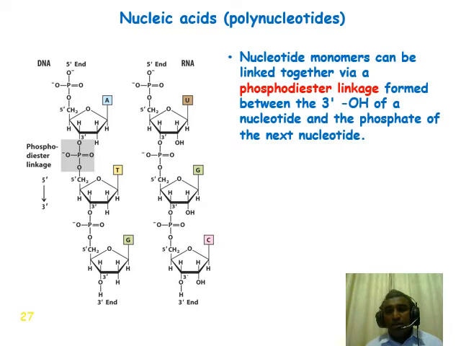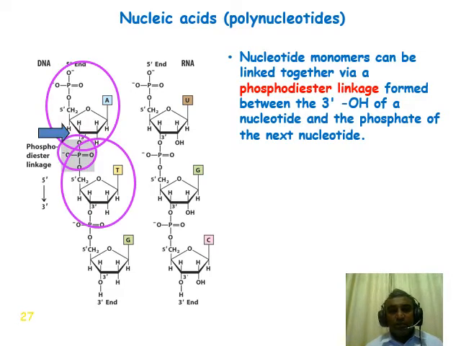You have here also an explanation on phosphodiester linkage. The phosphodiester linkage comes in between here, these two locations, which involve the phosphate as well as the CH2OH of the neighboring nucleotide.